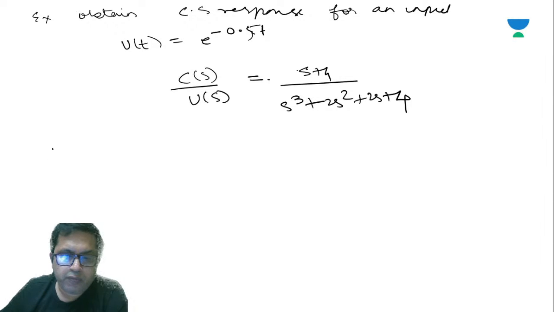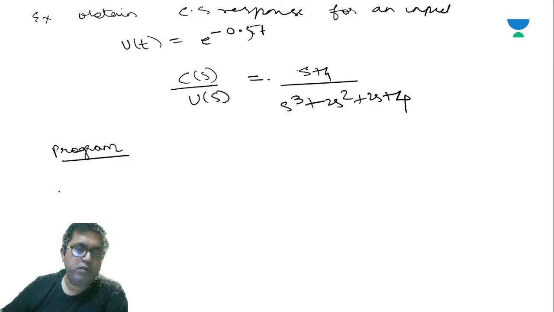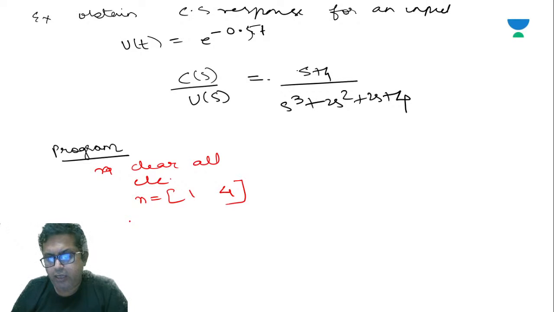So what will be the program? How will I write it down? N is equal to 1 space 4.